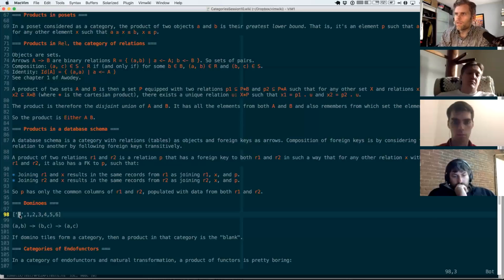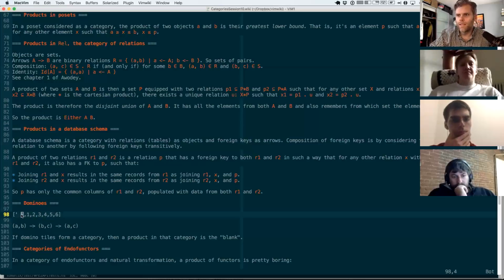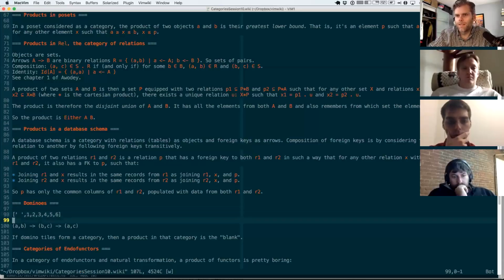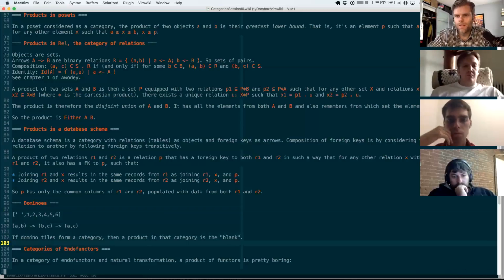I think that it works out that way. Or maybe it doesn't. Maybe those are actually not unique, because you could go 2, 3, and then 3, 4, and then 4, 5, and then 5 blank. And is that the same as just 2 blank? I don't know. So maybe this actually doesn't have products. It's something to think about.